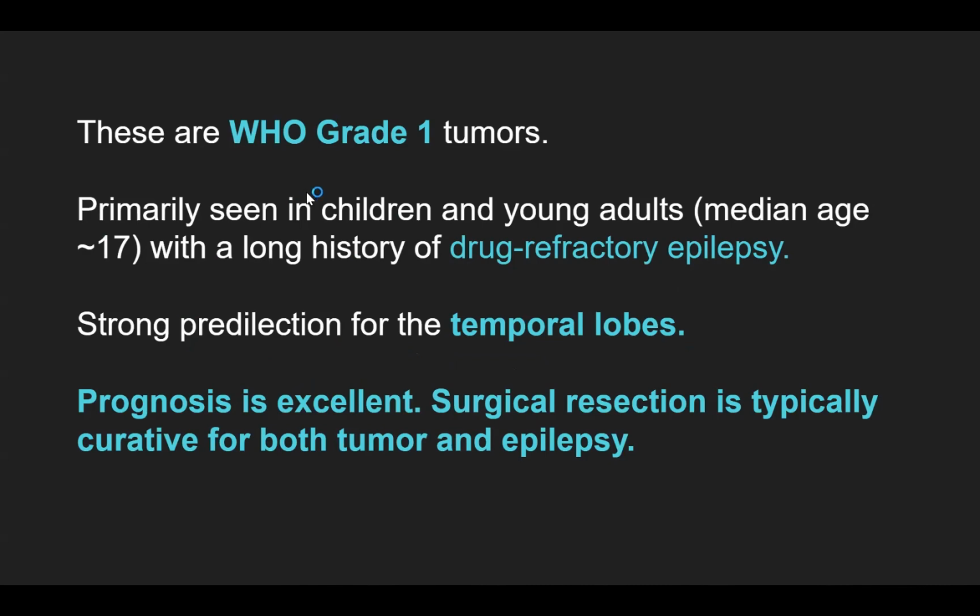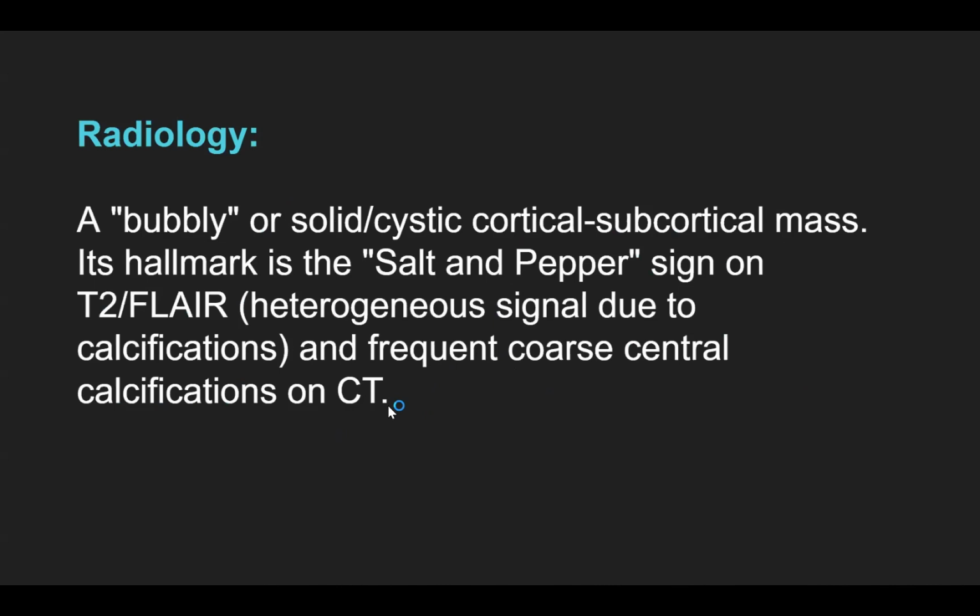So these are WHO grade 1 tumors. They are primarily seen in children and young adults. Median age is 17. Some books say that it is from 13 to 17. There is a long history of drug refractory epilepsy, and there is a very strong predilection for the temporal lobes. Prognosis is excellent. Obviously, these are grade 1 tumors. Surgical resection is typically curative for both the tumor and the epilepsy.